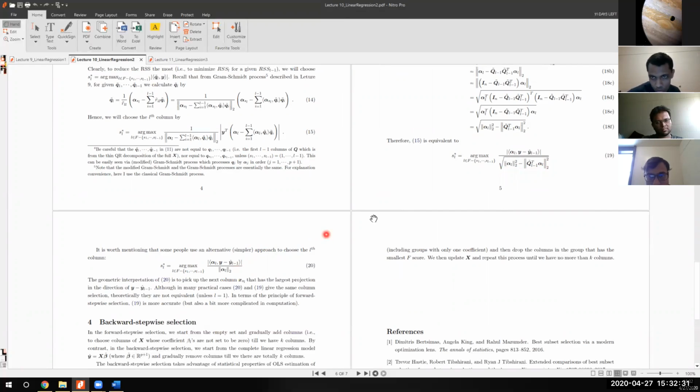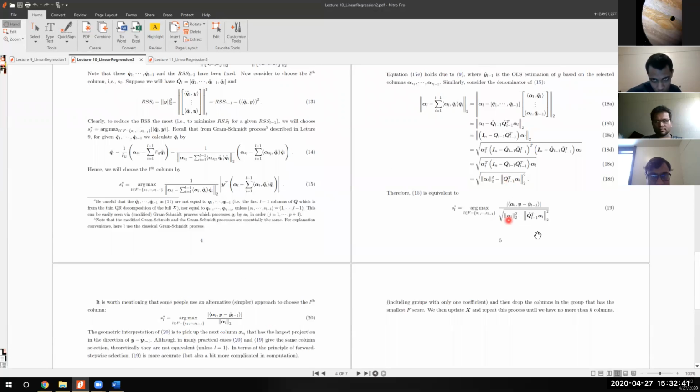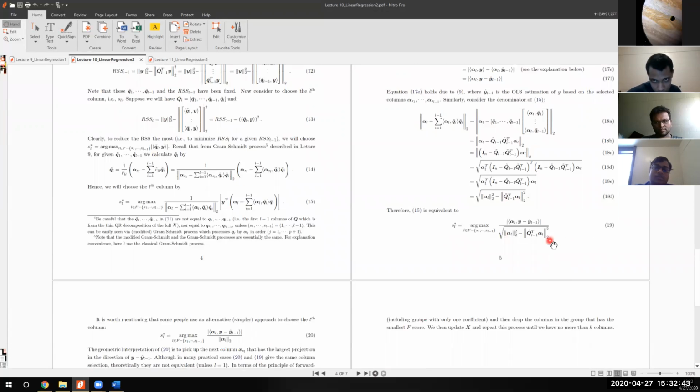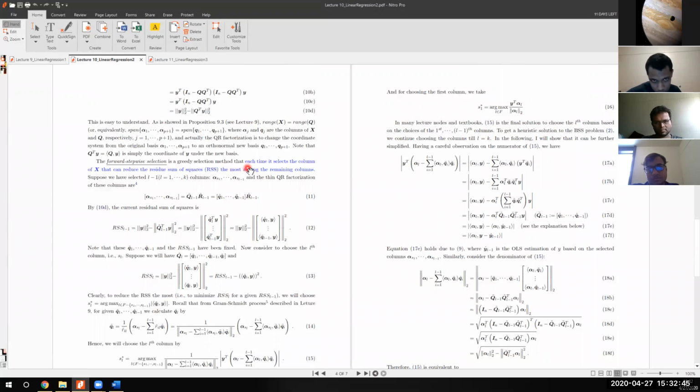So in many lectures, or actually in most applications, you can either use this one, and claim it to be the forward stepwise selection, or this one is more accurate, because this one really uses the pure idea. The original idea that each time I select the column of X that reduces the residual, the RSS, the most among the remaining columns.